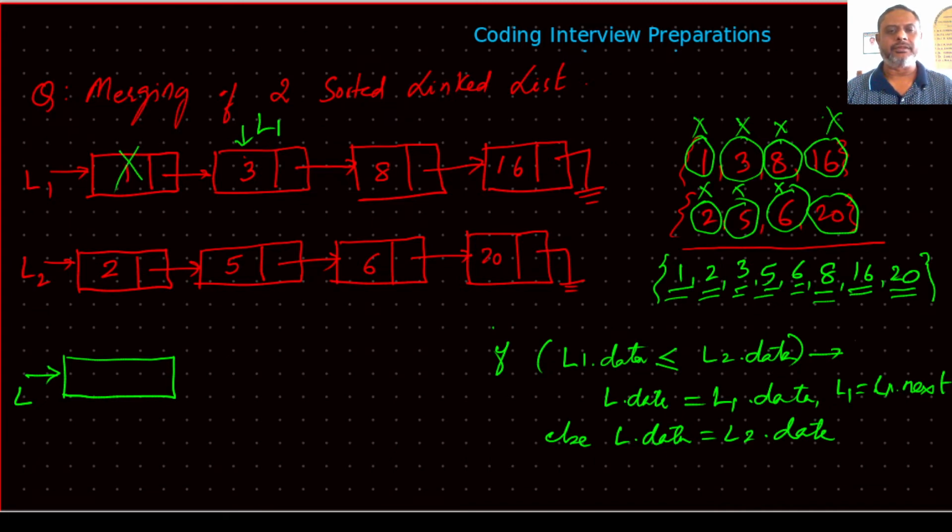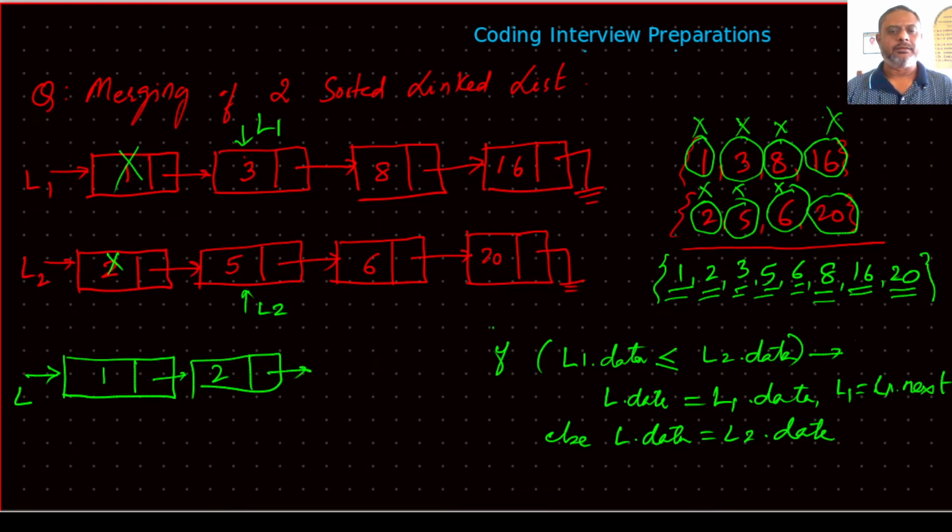This gets deleted, so we get a 1 here. Then we repeat this and compare L1 dot data with L2 dot data. L1 data is 3, L2 data is 2. Therefore, next time 2 will come here. Then 2 gets replaced, so L2 is shifted further.